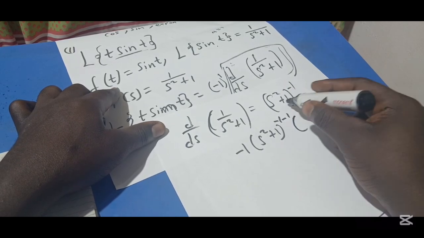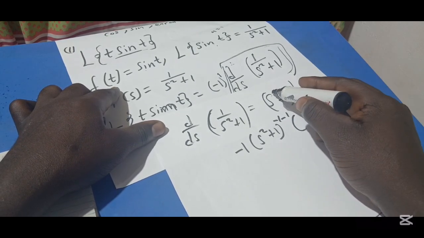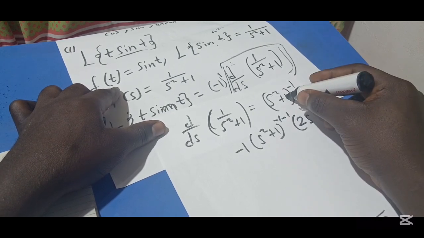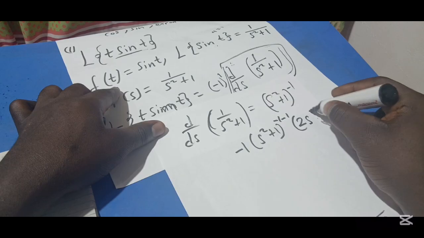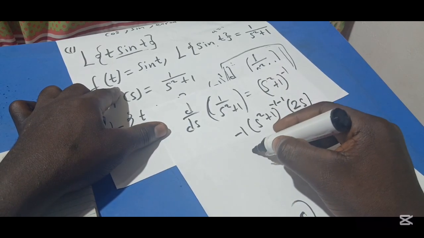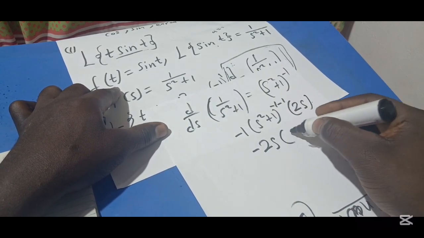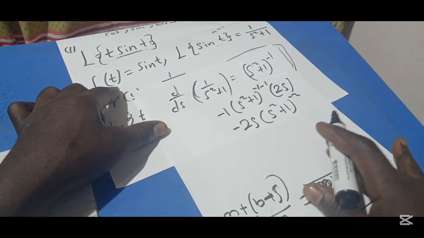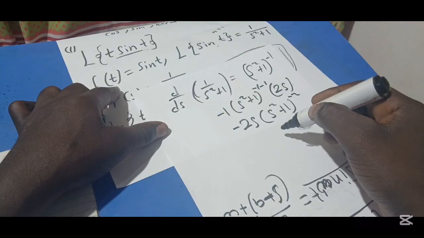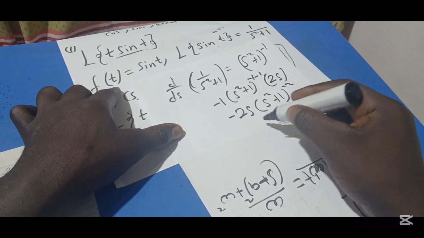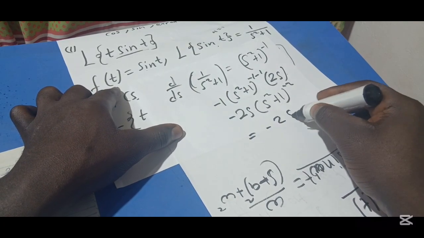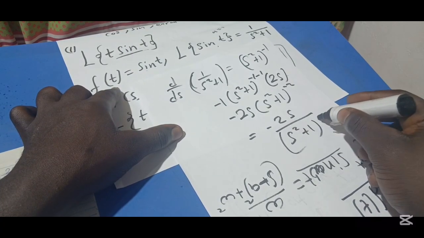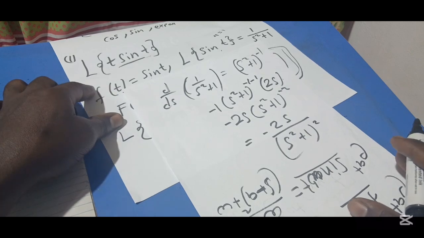So we multiply everything by the differential of what is inside. Differentiating s squared gives 2s, and differentiating 1, a constant, gives 0. So this whole thing is minus 2s multiplying s squared plus 1 to the power minus 2. Then I can bring this back to its original place, giving minus 2s all over s squared plus 1 all squared.